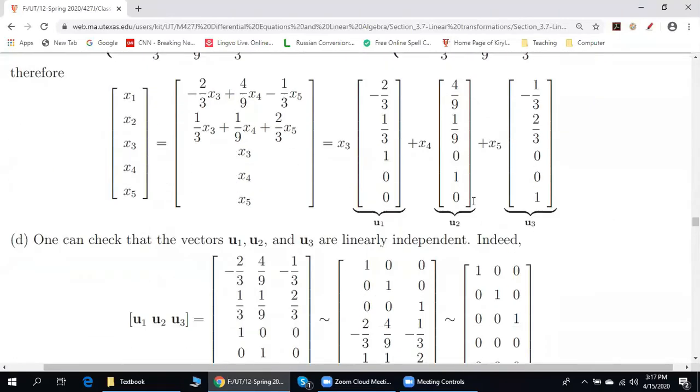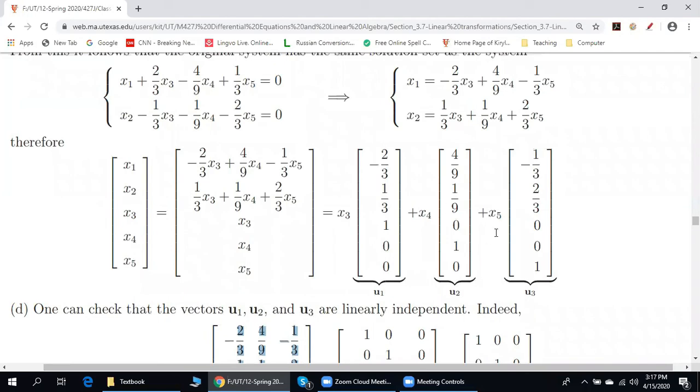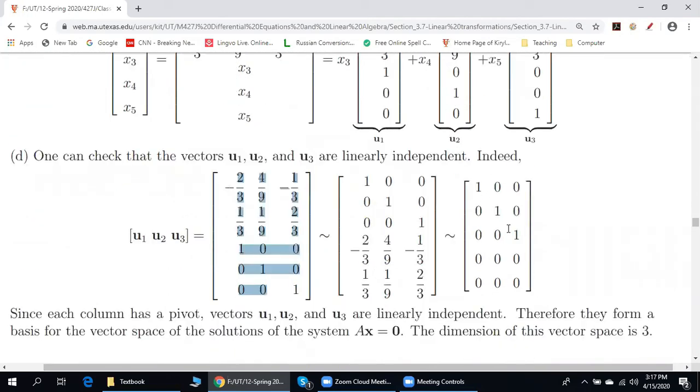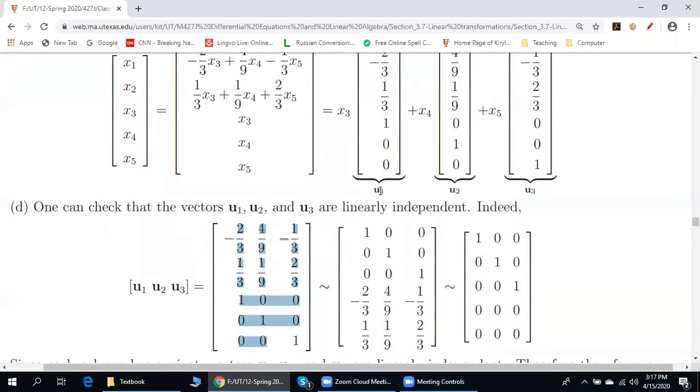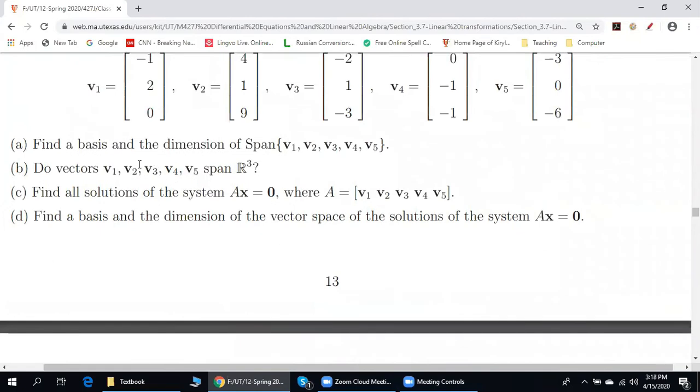Well, guys, it is easy to show, and here we show, that these three vectors are independent because there is a pivot in every column. Therefore, the basis is u1, u2, u3, and therefore the dimension is 3. Compare. In A, dimension is 2.